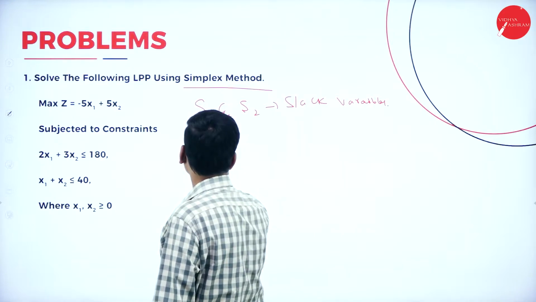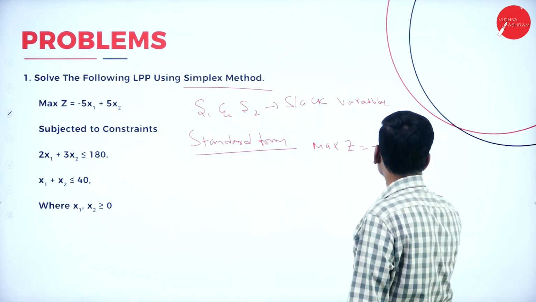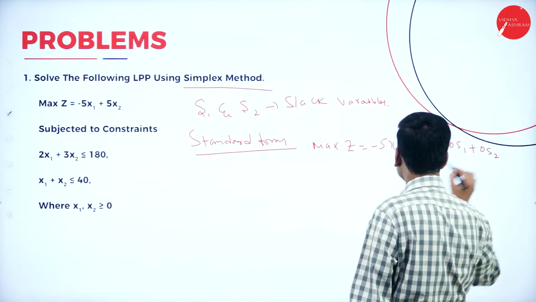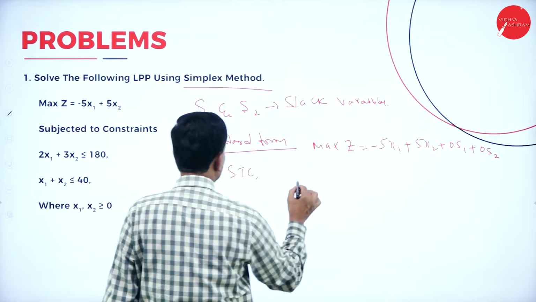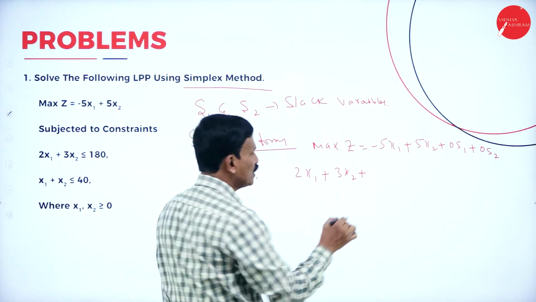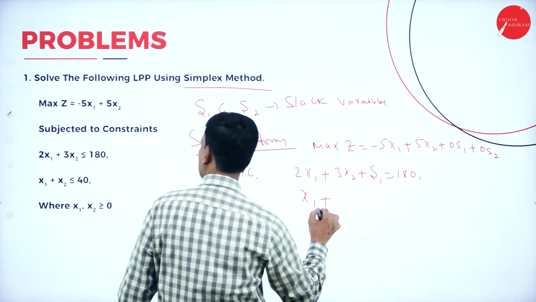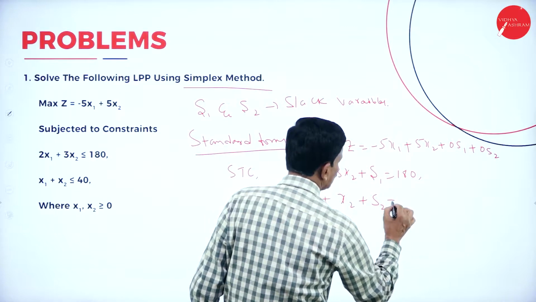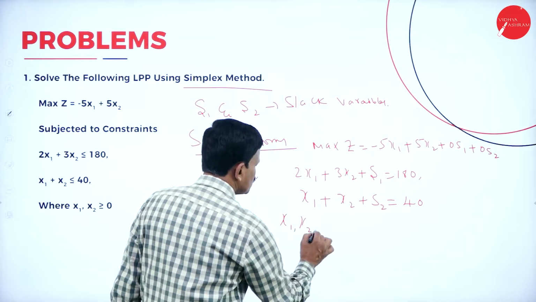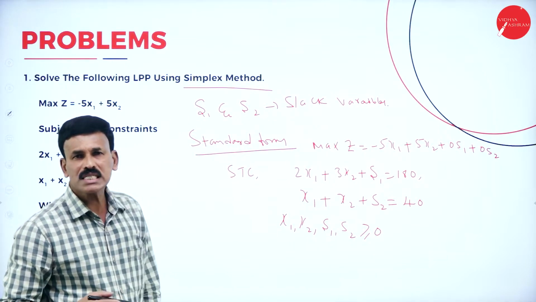Therefore the standard form can be written as max z is equal to minus 5x1 plus 5x2 plus 0 S1 plus 0 S2, subject to the constraints 2x1 plus 3x2 plus S1 is equal to 180, and the second equation x1 plus x2 plus S2 is equal to 40, and all the non-negative restrictions x1, x2, S1 and S2 are greater than or equal to 0. This is the standard form.